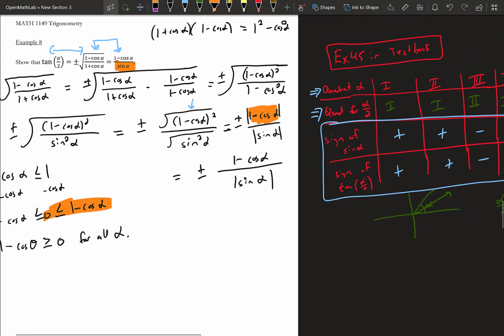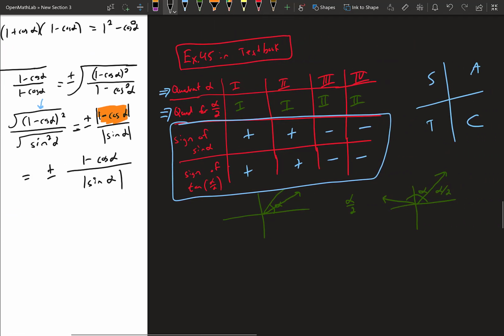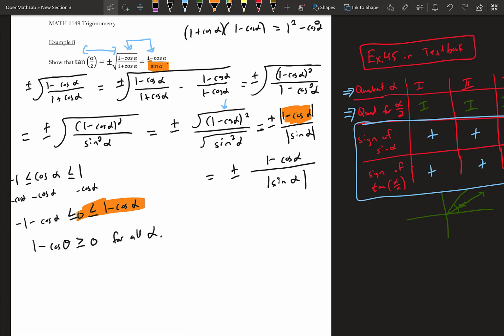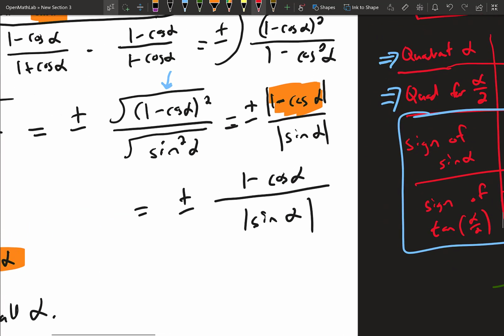But if we look at our table, remember this plus or minus is going to depend on the sign of tangent of alpha divided by 2. And remember, the sign of sine alpha and the sign of alpha divided by 2 always match. So what we found is that this guy is never negative, so that's not going to affect the sign.